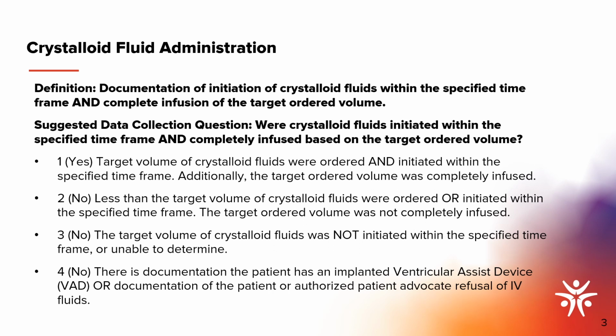Value 3, the target volume of crystalloid fluids was not initiated within the specified time frame or unable to be determined. Value 4, no, there is documentation the patient has an implanted ventricular assist device, VAD, or documentation of the patient authorized patient advocate refusal of IV fluids.